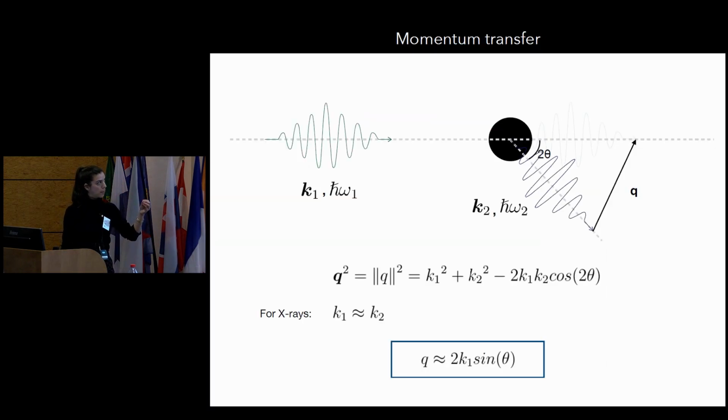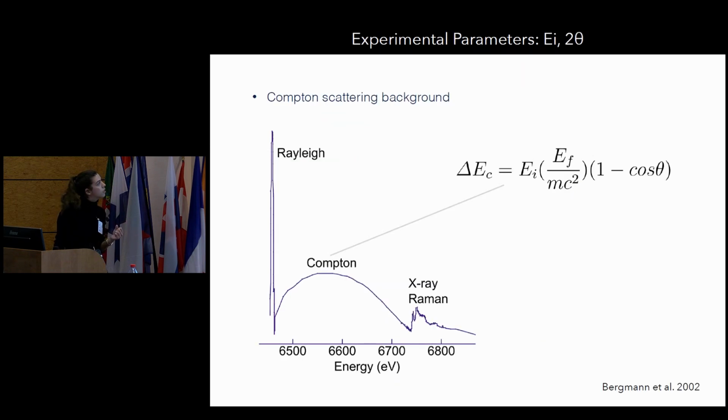Okay, an important parameter when we are setting up our experiment is the momentum transfer, and we have to know that it depends on the incident energy and on the scattering angle. The higher the momentum transfer, the higher the cross-section of the process.